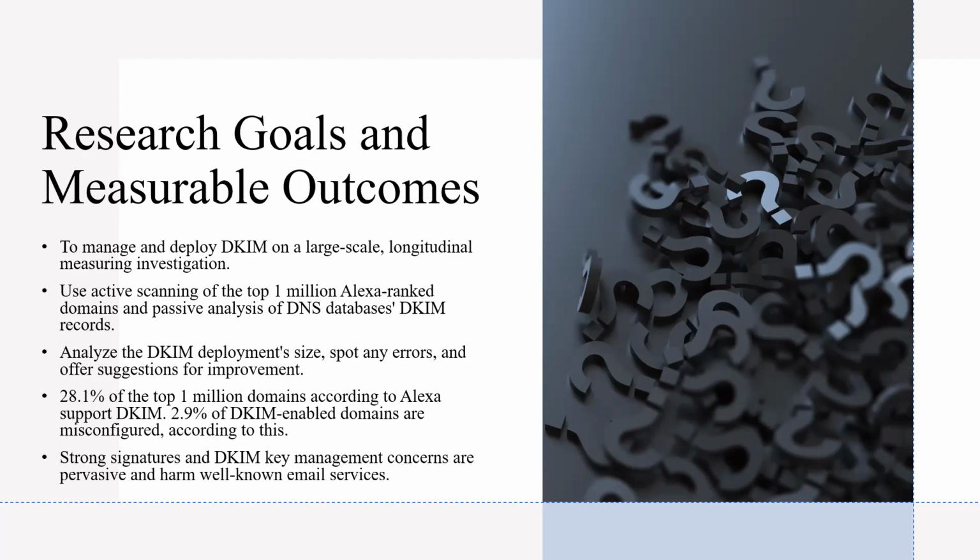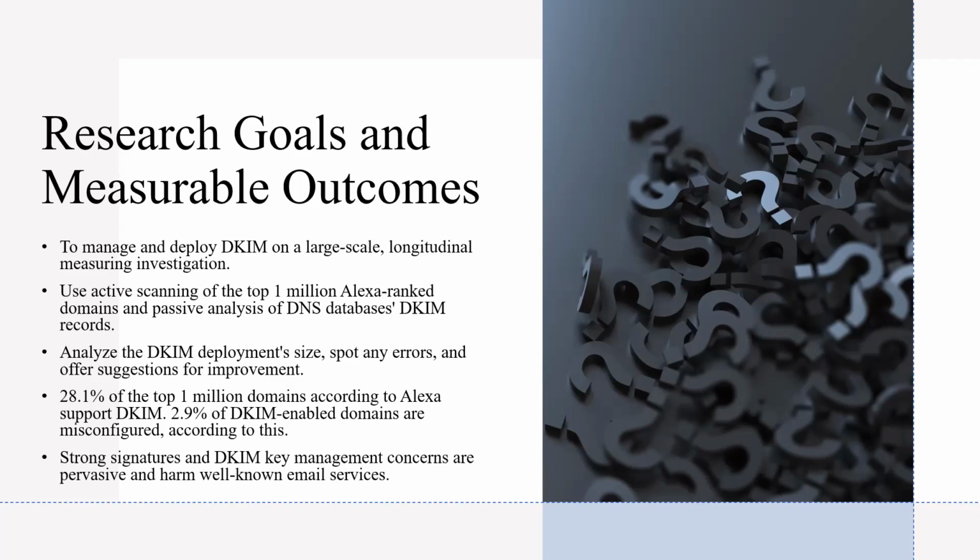It uses active scanning of the top 1 million Alexa-ranked domains and passive analysis of DNS databases, DKIM, and its records. It also analyzes the DKIM deployment size, spots any errors, and offers suggestions for improvements.